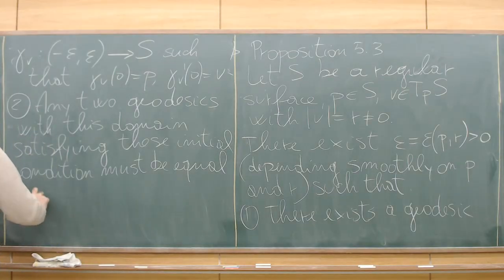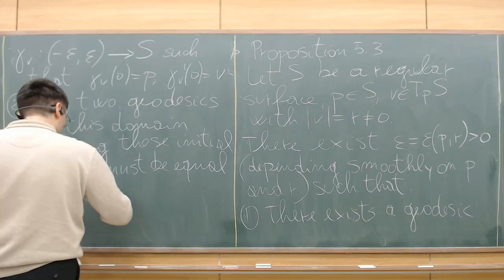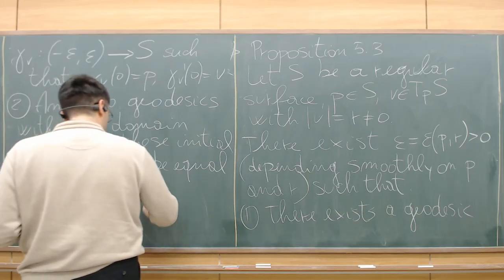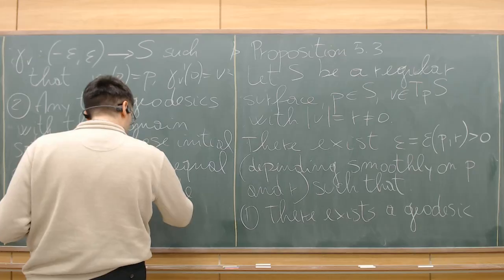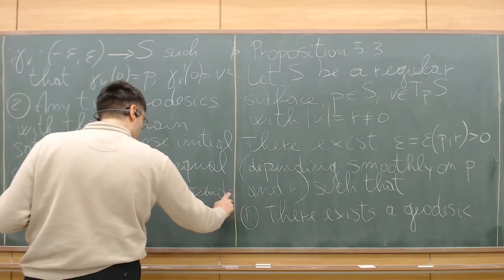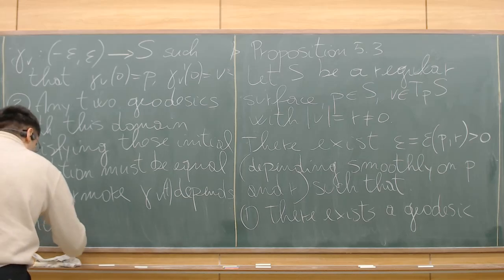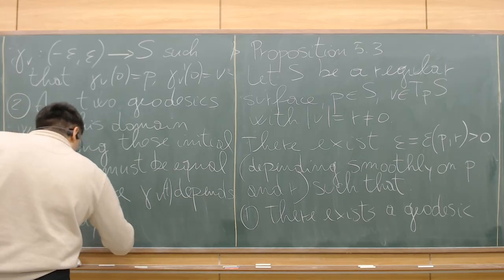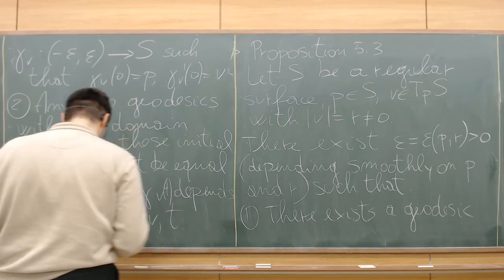Furthermore, gamma V of t depends smoothly on t, V, and p.